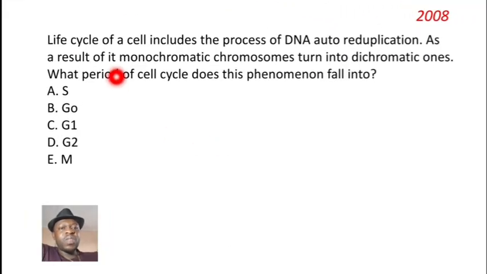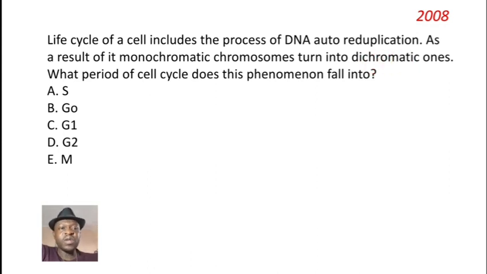The life cycle of a cell includes the process of DNA autoduplication, from single chromosomes, monochromatic, into dichromatic ones. There is duplication.